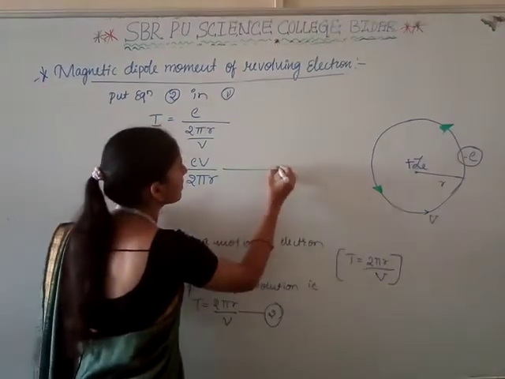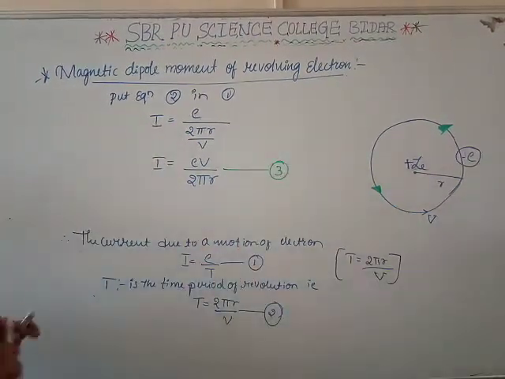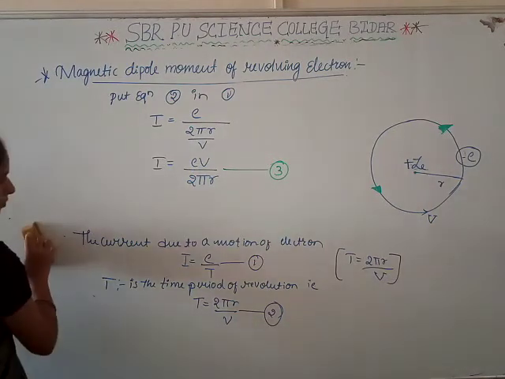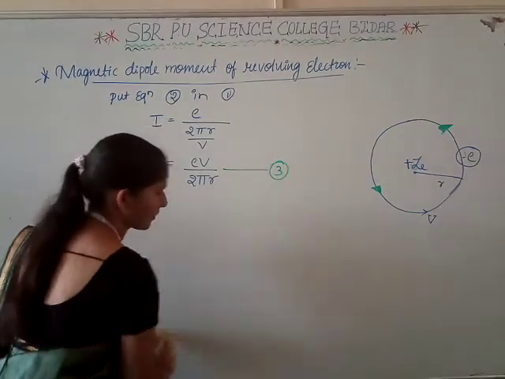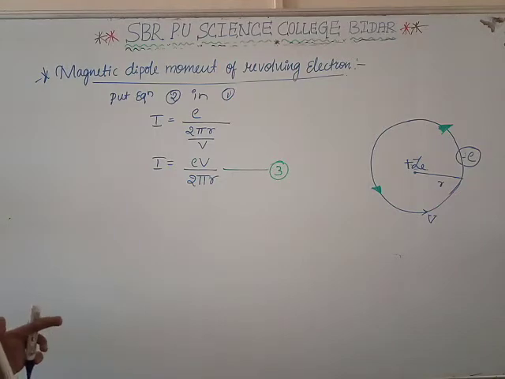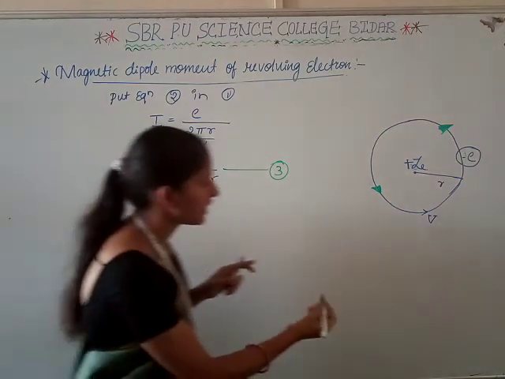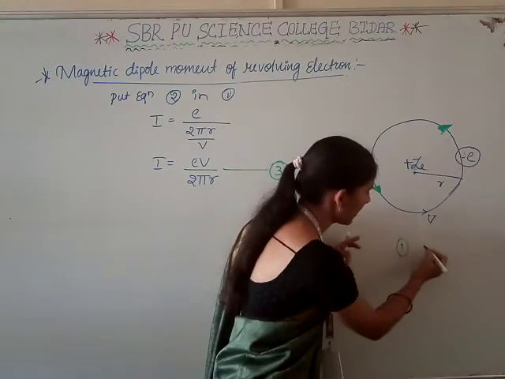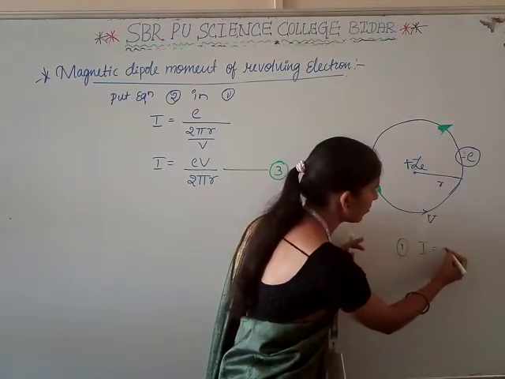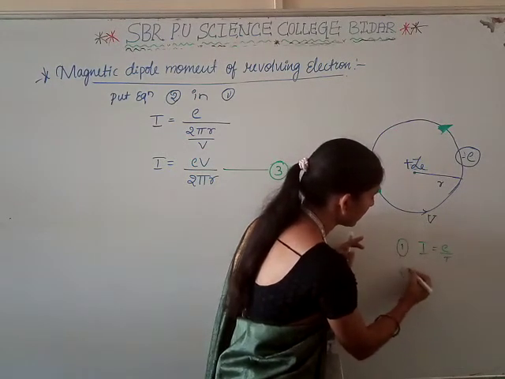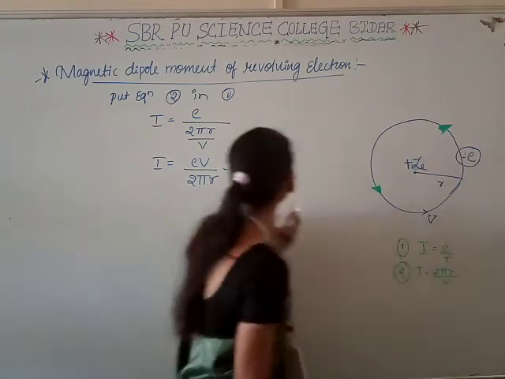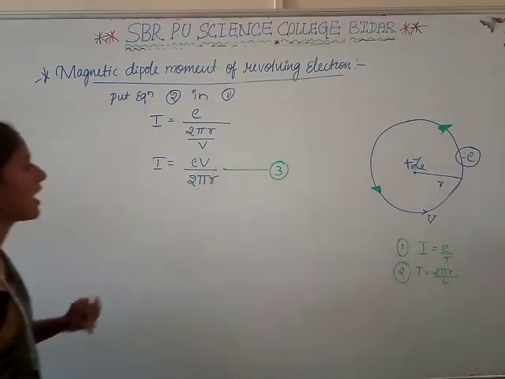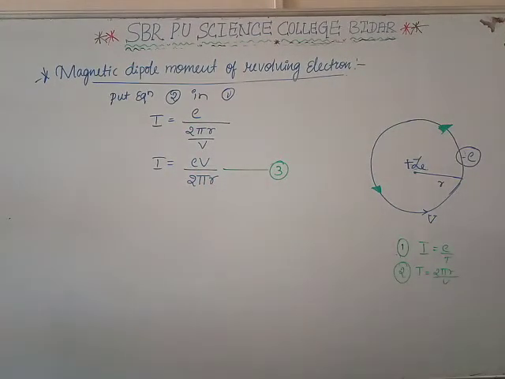Consider this as equation 3. So equation 1 is I is equal to E divided by T, equation 2 is T is equal to 2 pi r divided by v, and equation 3 is I is equal to EV divided by 2 pi r.